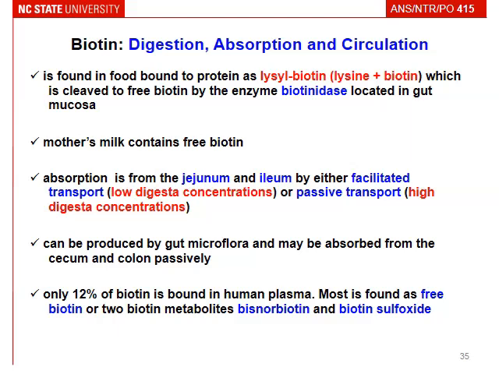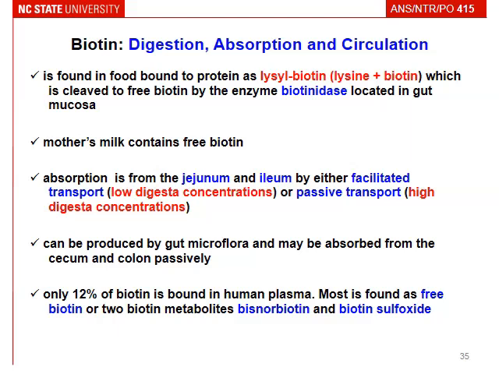Again, a lot of this information seems like a broken record. So low levels to adequate levels, we're going to have facilitated transport or active transport. If we have higher levels than what we need, that's going to result in passive transport.